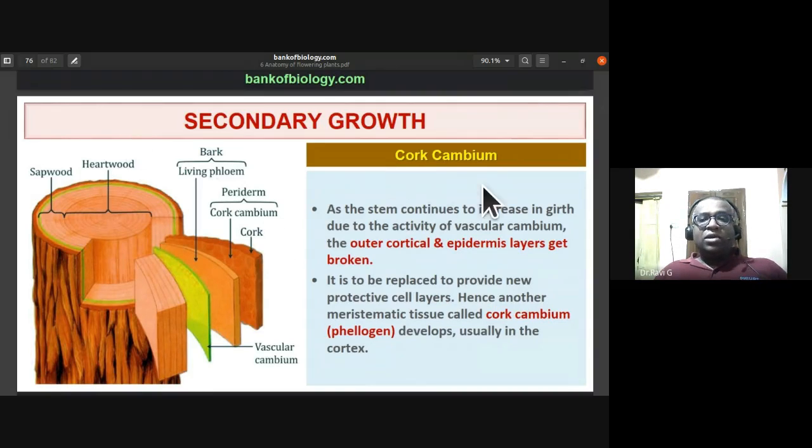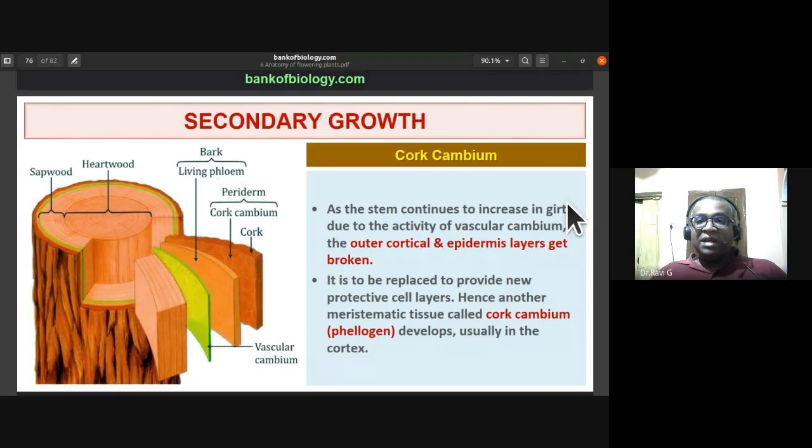Okay, so in the cortical region, as the stem continues to increase in girth due to the activity of our vascular cambium, the outer cortical and epidermal layer gets broken. If you see, the epidermal layer breaks up at certain points because the cells are not able to keep pace with the increase in girth of the stem, and that break we call lenticels.